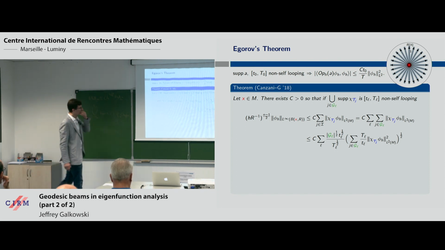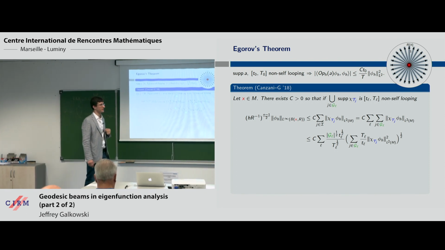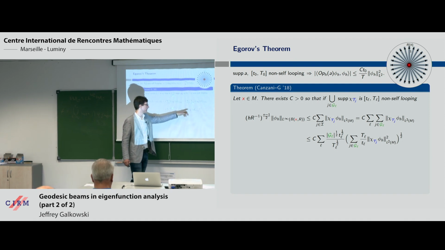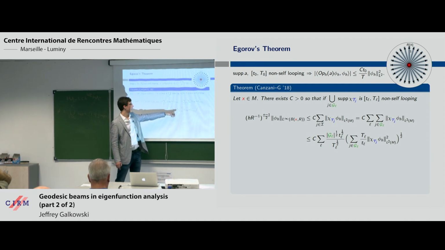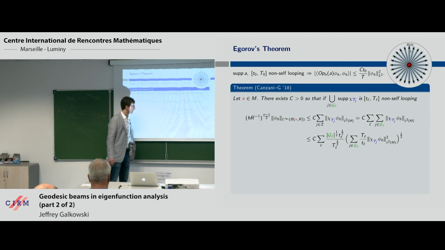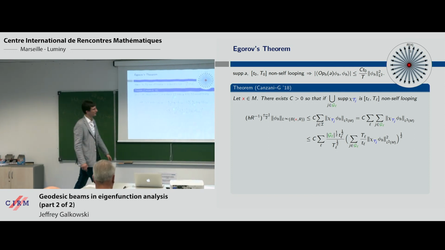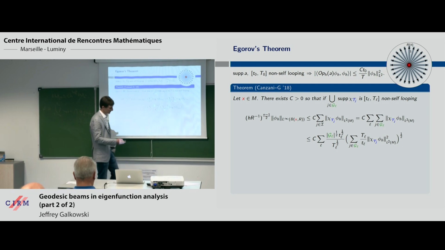And so what I'm going to do is apply Cauchy-Schwarz now. And I'm going to do it in a slightly non-trivial way, which is that I put in this T_L over little t_l, and I get this corresponding factor over here. But it's Cauchy-Schwarz with just one.